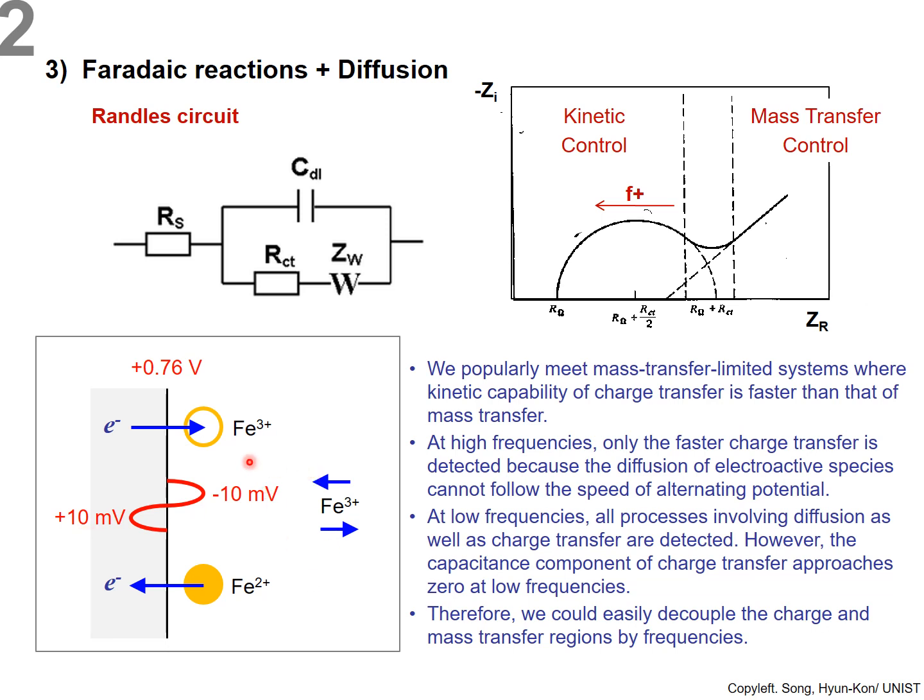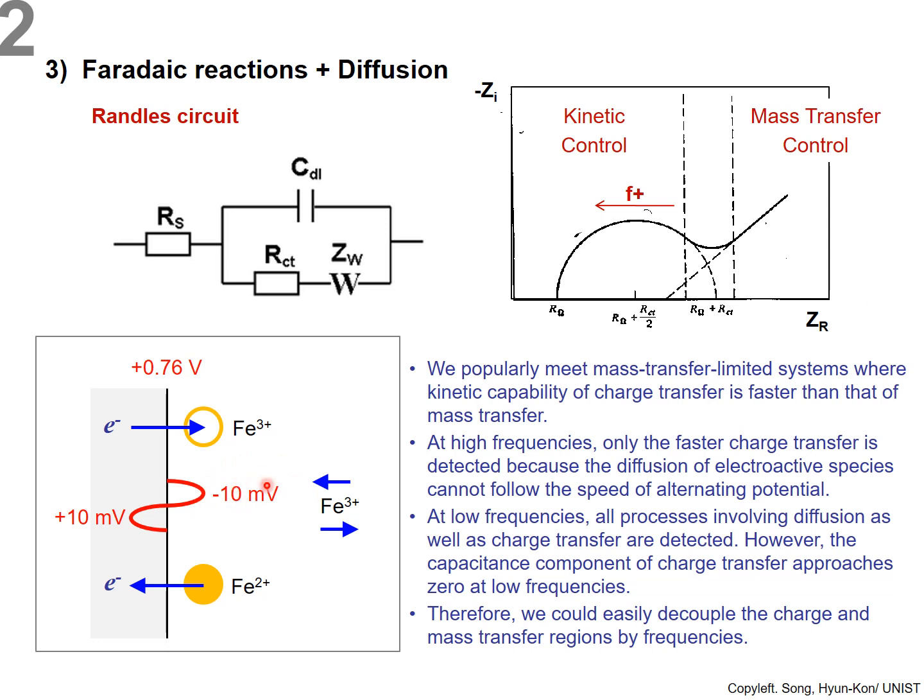But Fe3+ reduction and Fe2+ oxidation would follow the speed of the change of this potential, because the charge transfer kinetics is really fast. However, let me think about the diffusion process or mass transfer process.